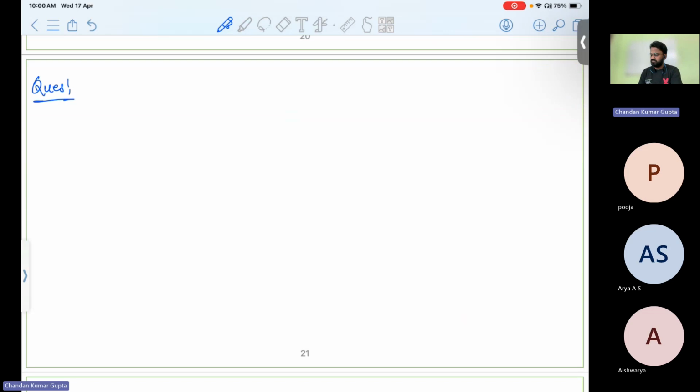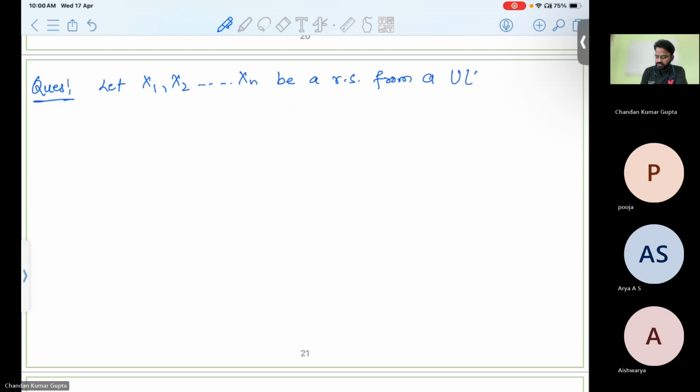The question is like this: let X1, X2, up to Xn be a random sample from a uniform distribution with parameters 0 and theta.